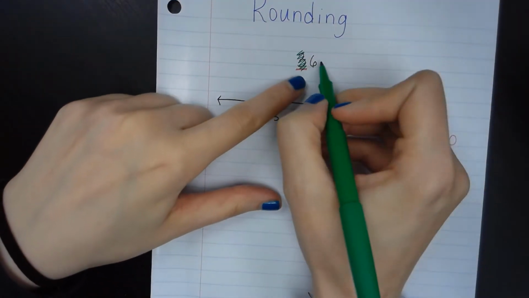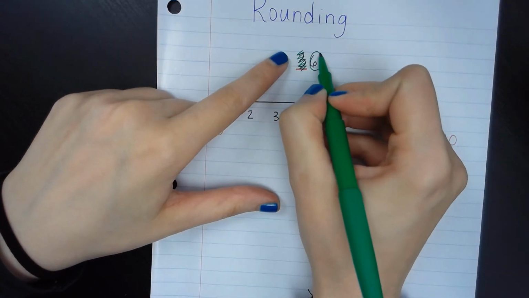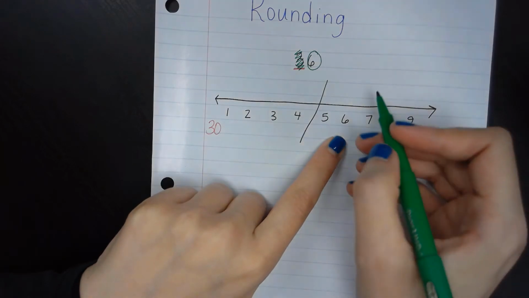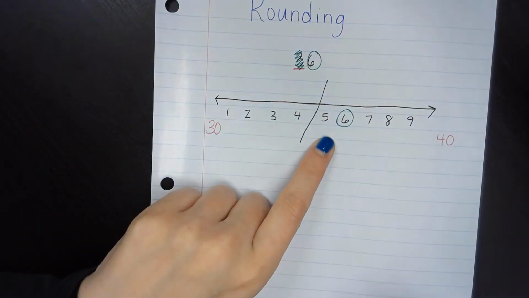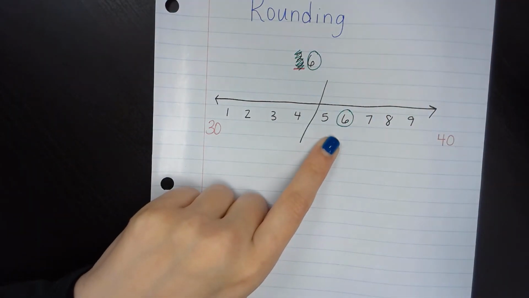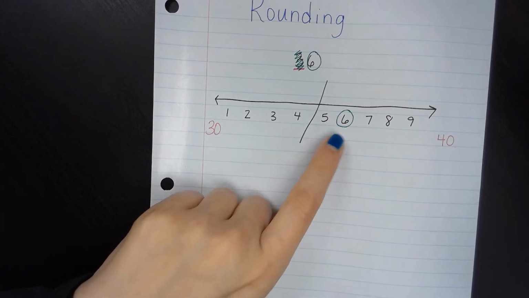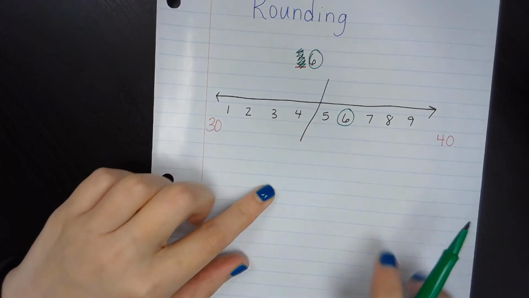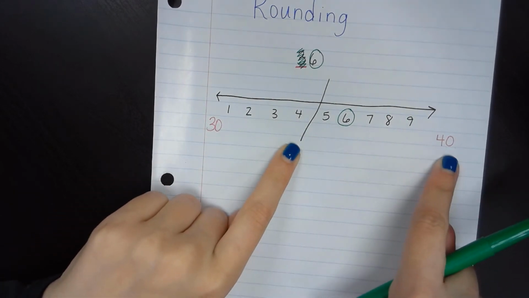And now we're going to focus on the number in the 1 spot. So I circle the 6 here, and then I also come down here and circle the 6 on the number line like this. Okay? So now all I have to do is figure out what side of my line the 6 is on. Is it on the 40 side of the line?